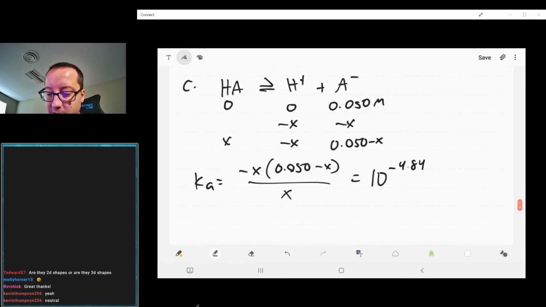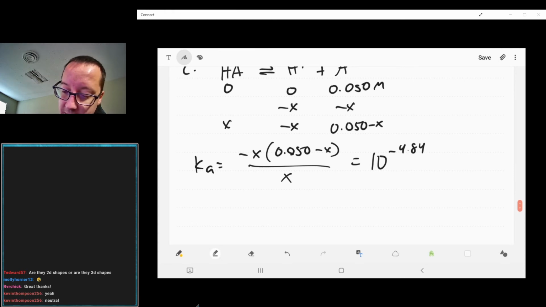So with this, we can try our assumption. We're going to assume that negative... What is this going to be? We can't really cancel out our x's here, so we're probably going to have to solve this, aren't we? Technically this was a really bad idea. We should not have done it this way, because we're going to end up with a negative hydrogen concentration.